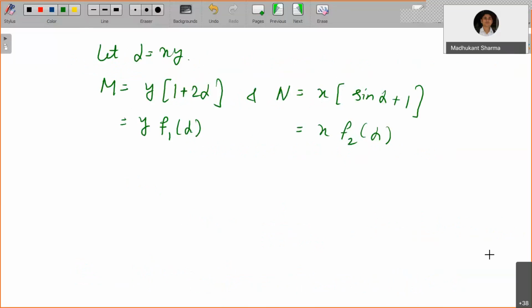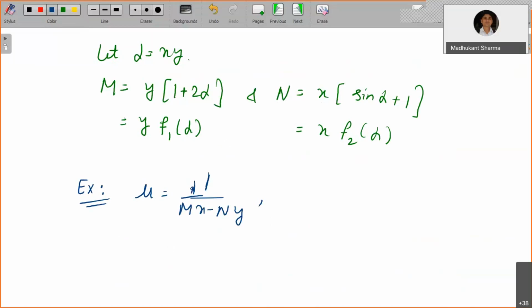Now what I can give you here is an exercise you can verify. So mu is equal to 1 upon mx minus ny. I'm talking about this case.